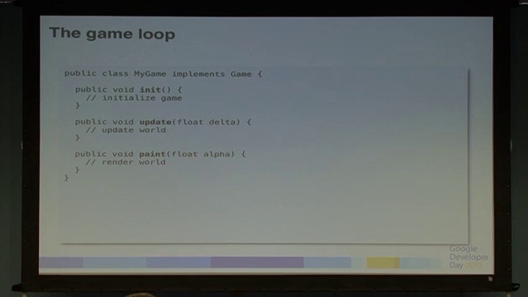The final method is the paint method. And this is where you take all the positions of the objects where they are, and you just paint the screen. You render the different layers. And this, on HTML5, gets called at most 60 frames a second, because anything more is just a waste of CPU cycles. Your eyes can't see anything any faster, so we only paint at 60 frames a second.